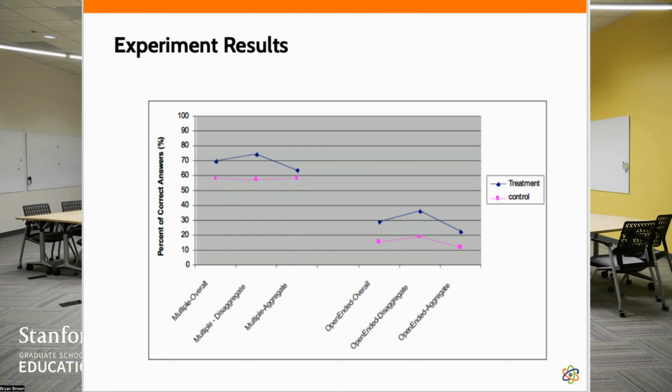The biggest differences are found on the right. With open-ended items, the students were just given an opportunity to write what they know. Across all measures, overall meaning every question, and disaggregate meaning when the question was written in simple language or in science language, where students had to explain it themselves, the students who were taught with simple language first vastly outperformed all students.